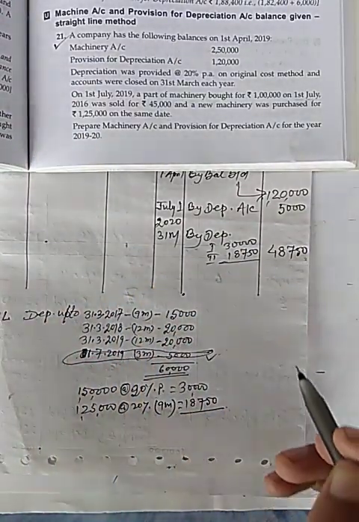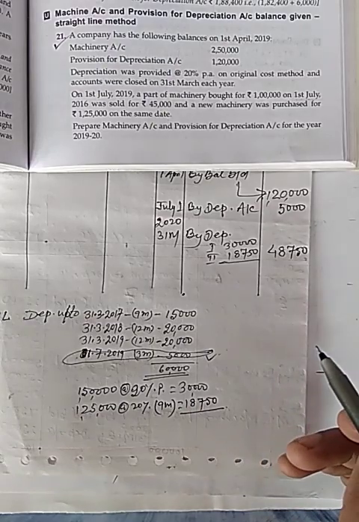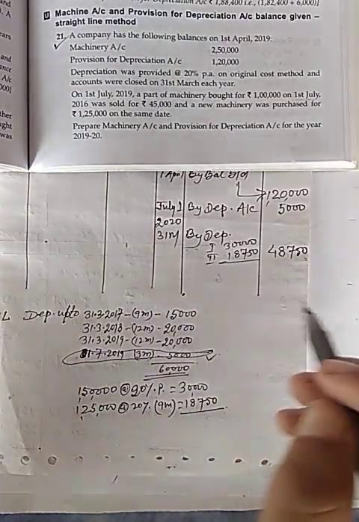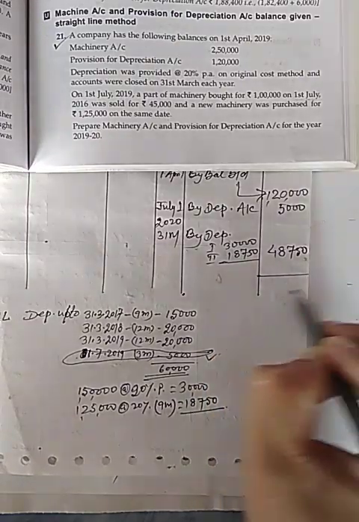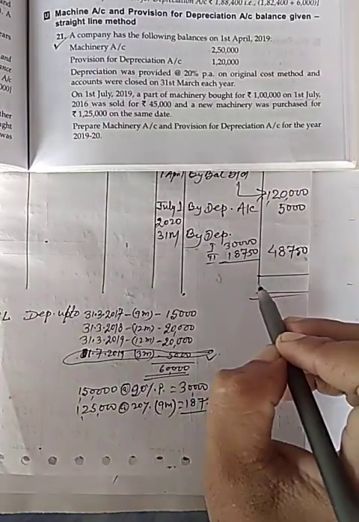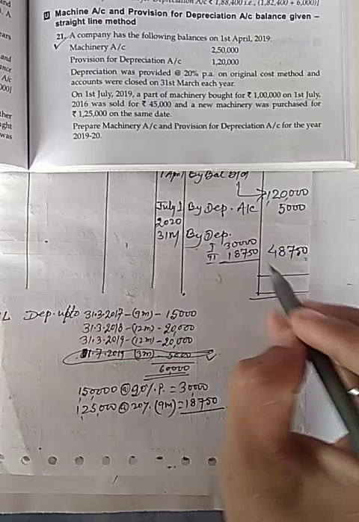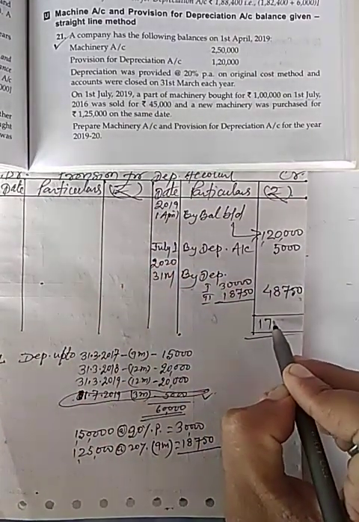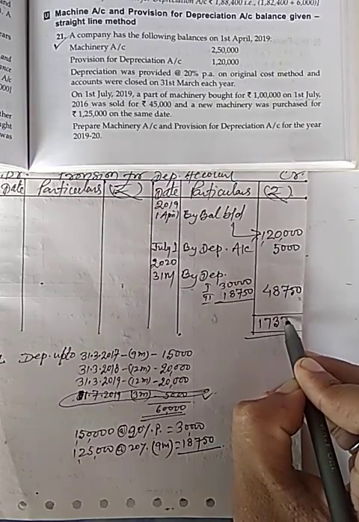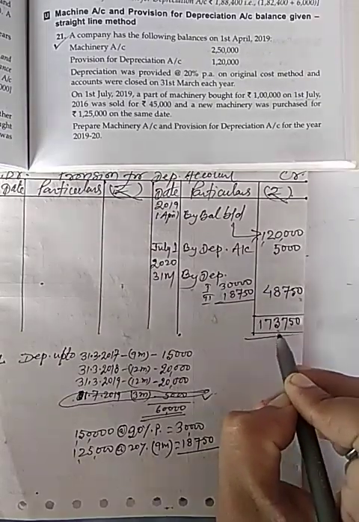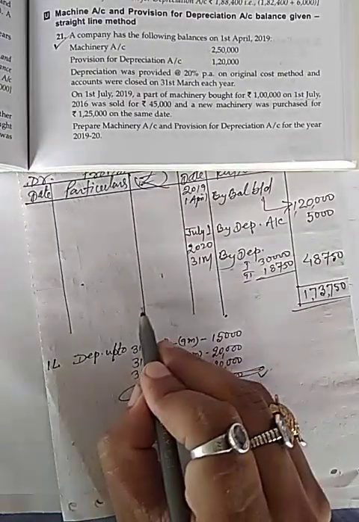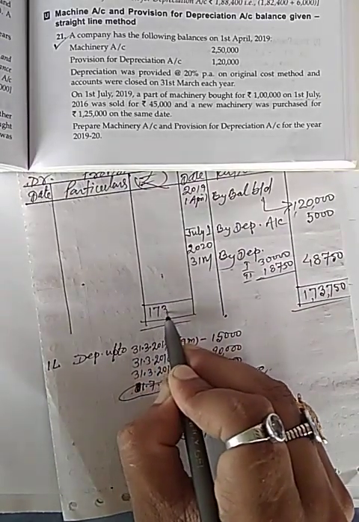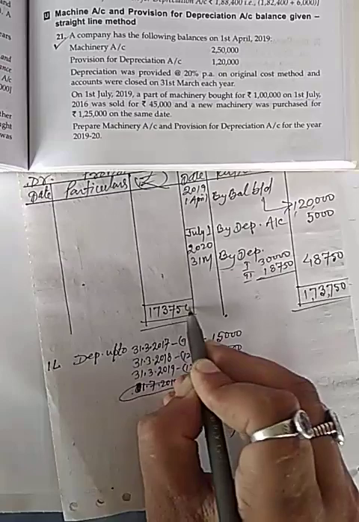And now we have to calculate the balance. So total will be 1,73,750. I will write it on both sides, 1,73,750.